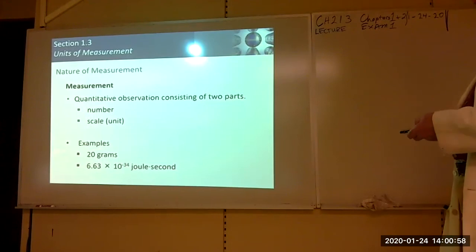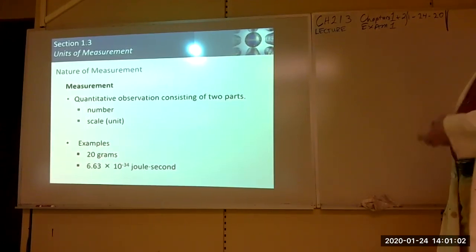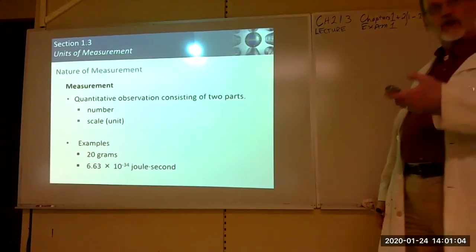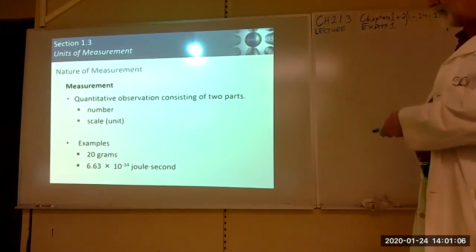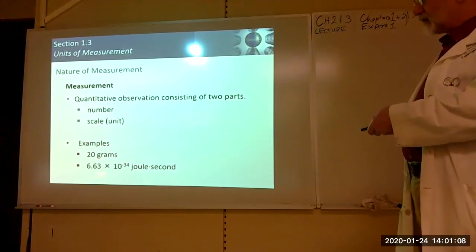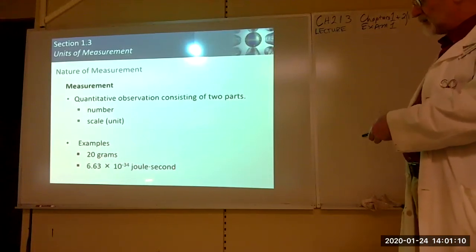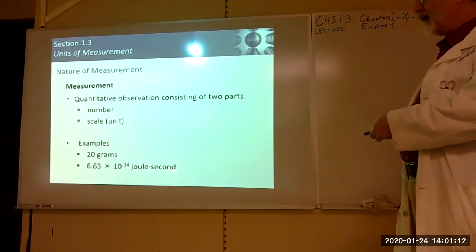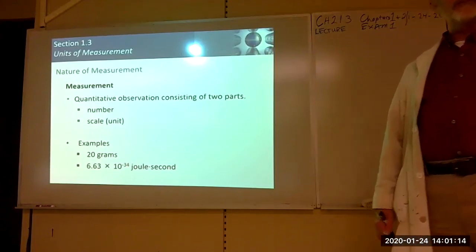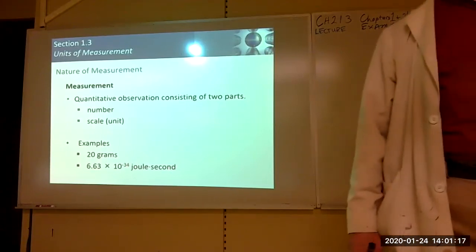These are just examples. This will be a direct measurement. If you measure the mass of something at 20 grams, then that's its mass. This one is a measurement that is a compound unit. Joule is a measure of energy, second is a unit of time.